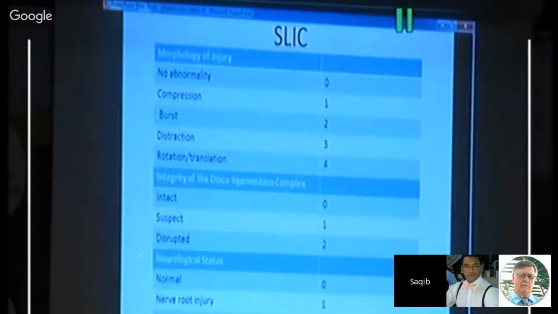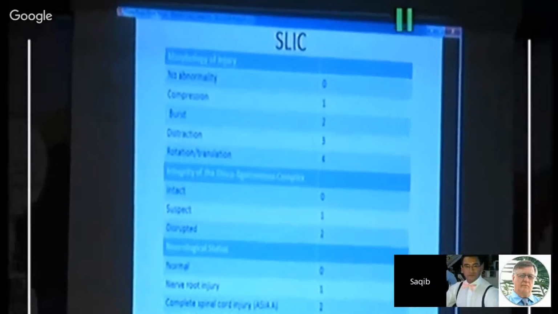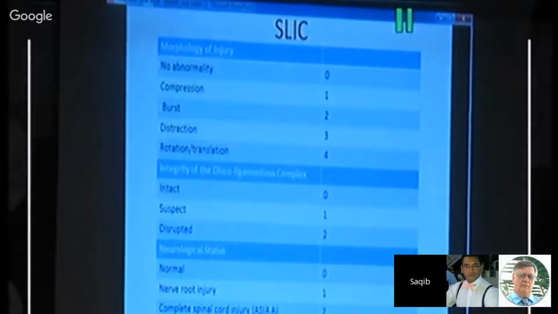For neurological condition, they receive 0 for intact, 2 for complete spinal cord injury, and for incomplete, which is very important, 3 points. Based on SLIC, if a case has more than 4 points, there is an indication for surgery. Less than 4 points, there is no indication for surgery, and 4 points is a gray zone.